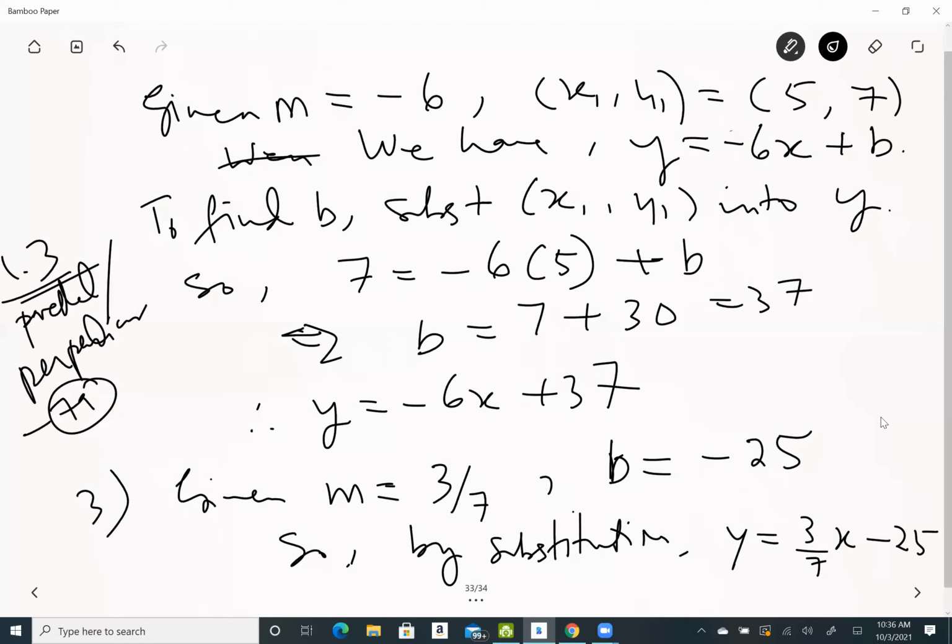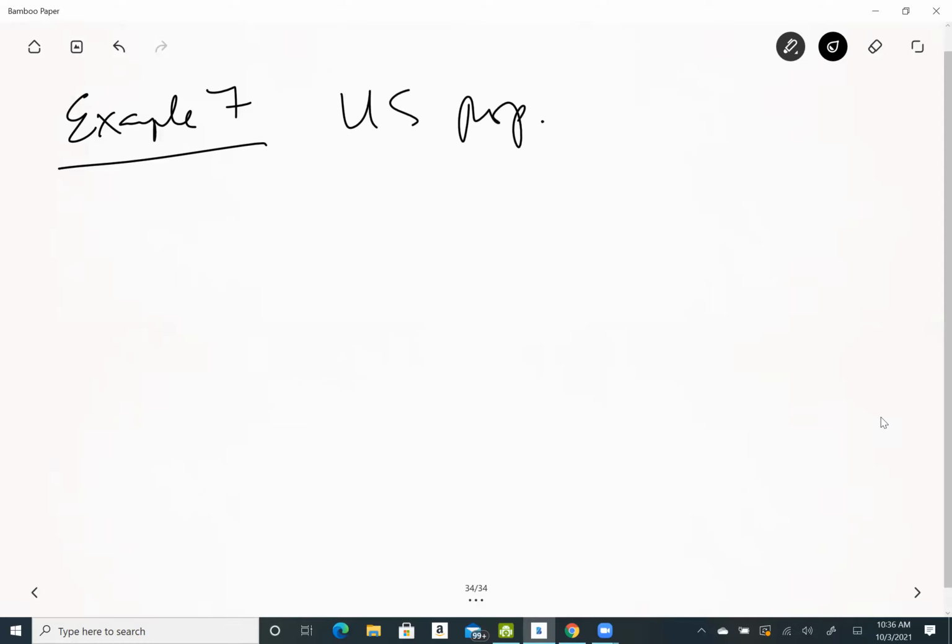Now I would like to look at example number 7. So go to example number 7 on 1.3. This is on the US population. 1.3 itulah example number 7, the US population. If you look at that example, we have the equation given, all right?